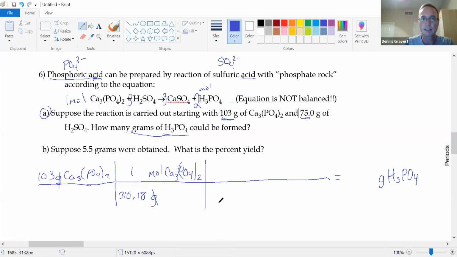We got to get out of this molecule and get into the molecule we want, phosphoric acid.